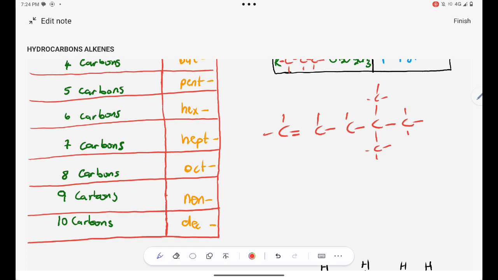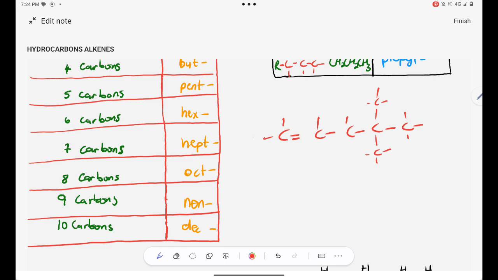I'm just lazy to write down the hydrogens, but let me do it, guys. Let me write the hydrogens. It's very, very important for you to familiarize yourself with structures which are drawn correctly.